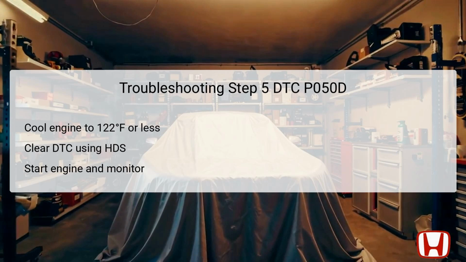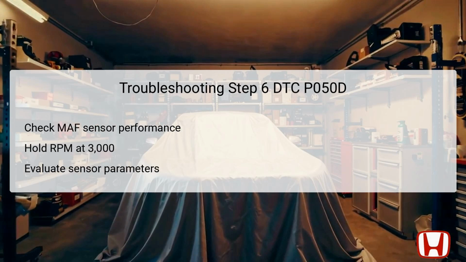Following this, the engine should then be started and allowed to idle for at least 10 seconds. Monitoring the onboard diagnostic status during this time is crucial to determine if DTC P050D reappears. If the HDS indicates that the DTC has failed again, then the failure has indeed duplicated, and further steps will be needed to diagnose underlying issues.